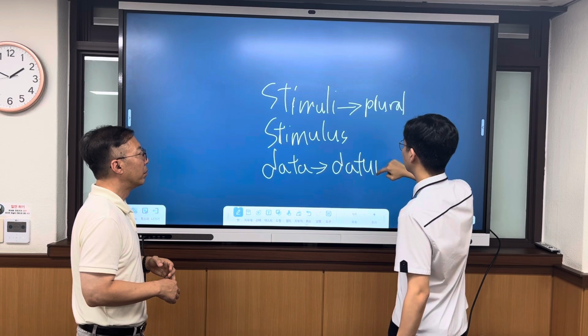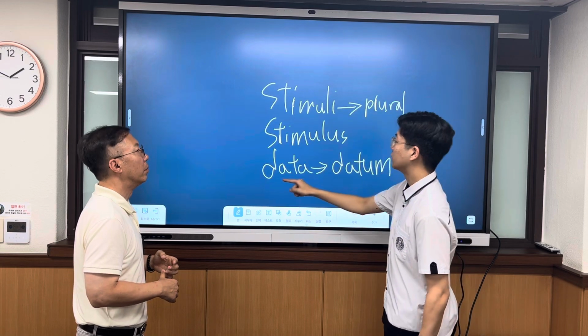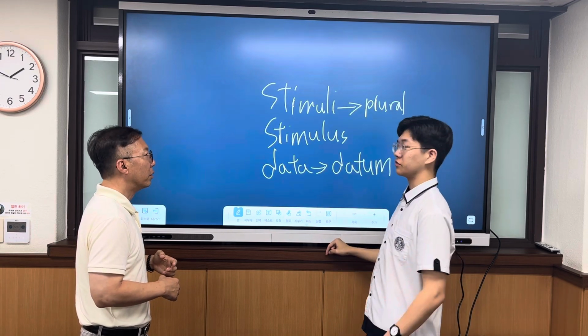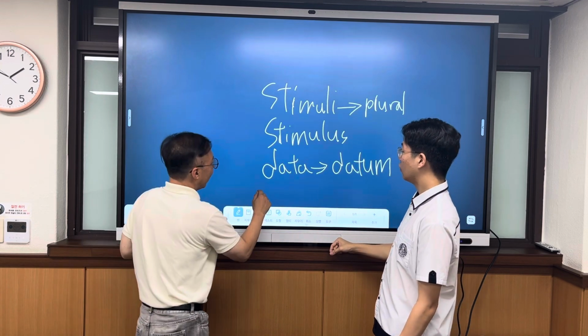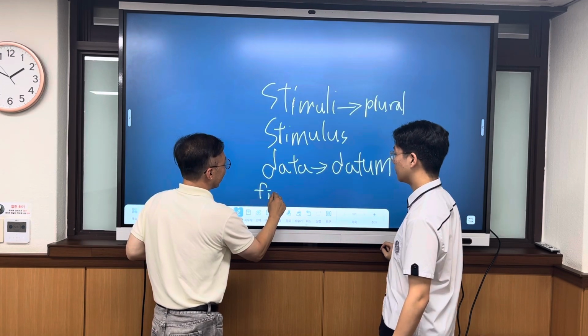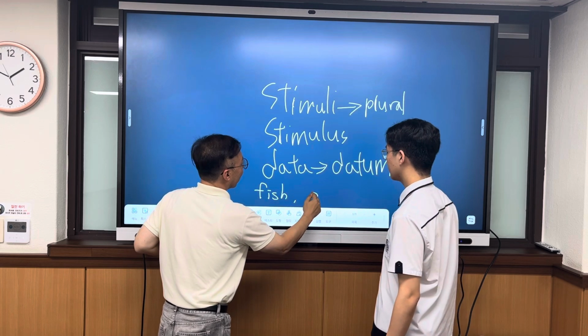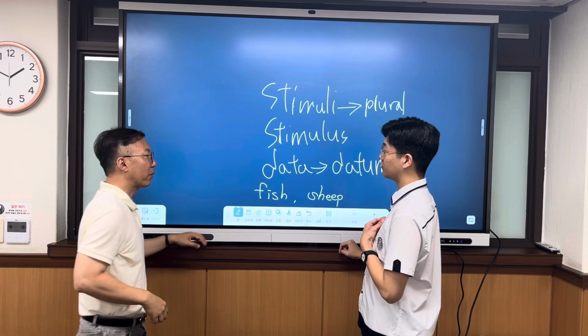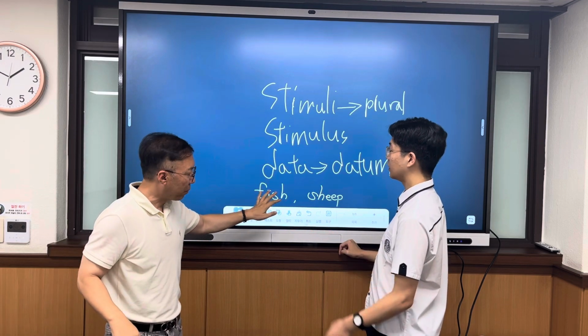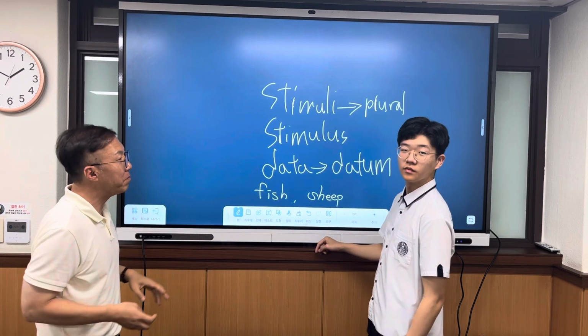Datum is the actual singular form of this word, and wow, this is plural. That was kind of interesting for me. And there is some other opposite case, like a word like fish, and a word like sheep, maybe. But these vocabularies have both plural and singular form as the same.